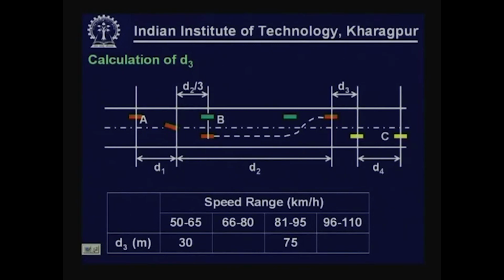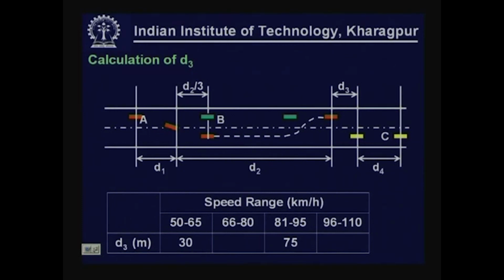Now, D3 is the clearance between two vehicles. So, it is assumed that a clearance is maintained. This value is again obtained from experimental observations for different speed ranges.